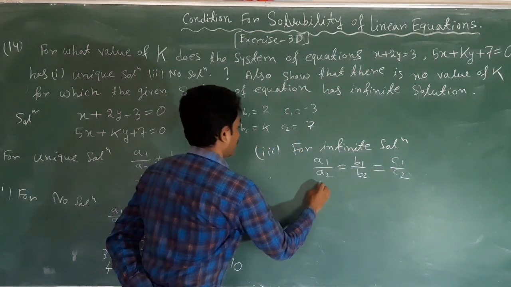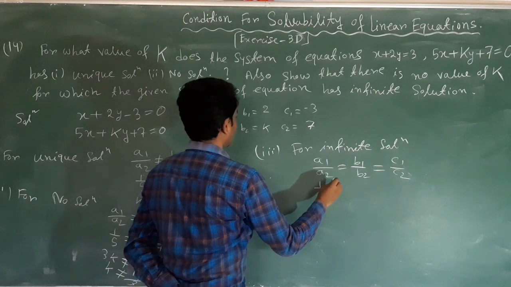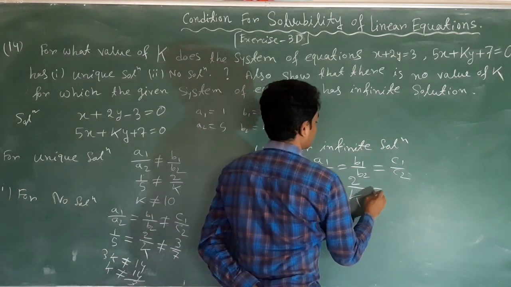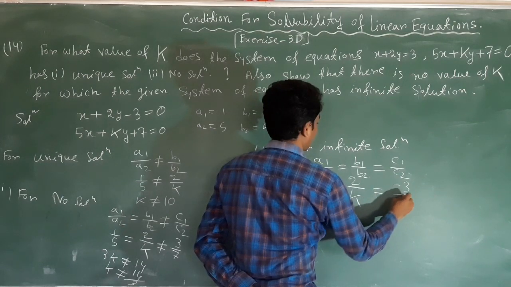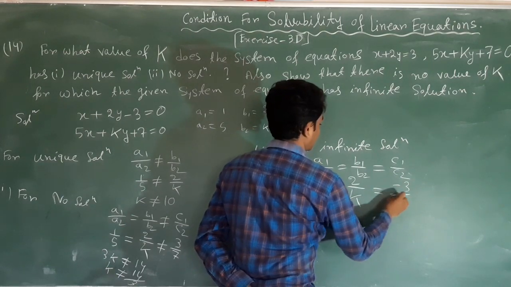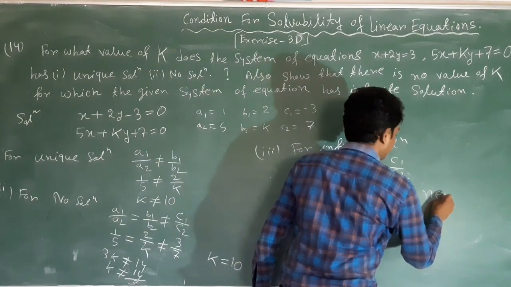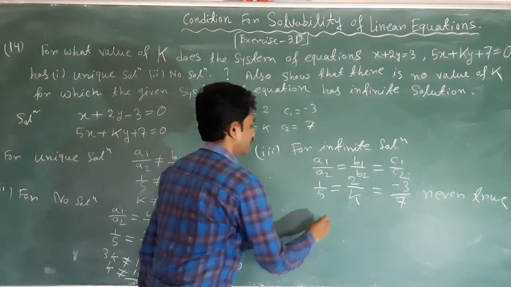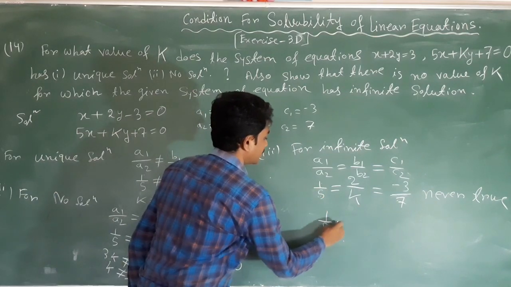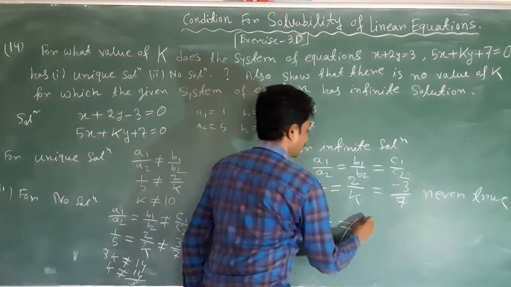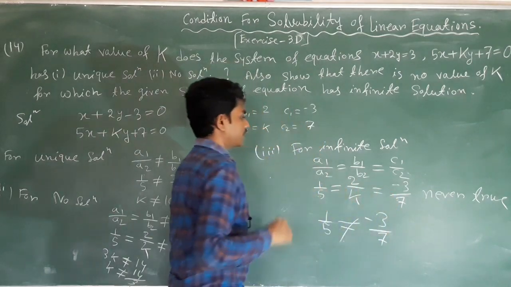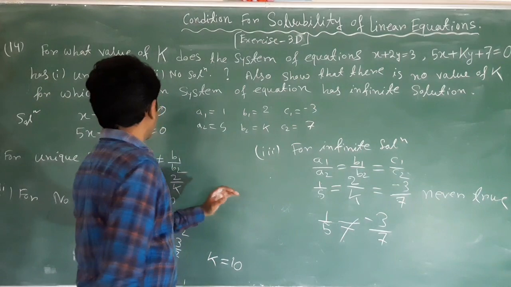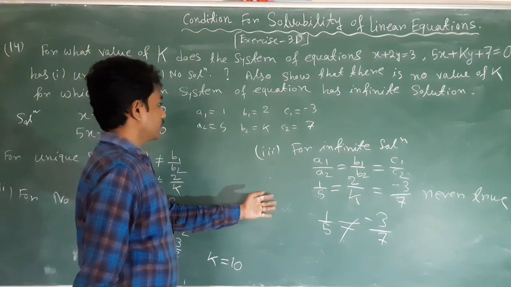So 1 upon 5 is equal to 2 upon k is equal to minus 3 upon 7. Because 1 upon 5 can never be equal to minus 3 upon 7. So there is no value of k for which the given system has infinite solutions.